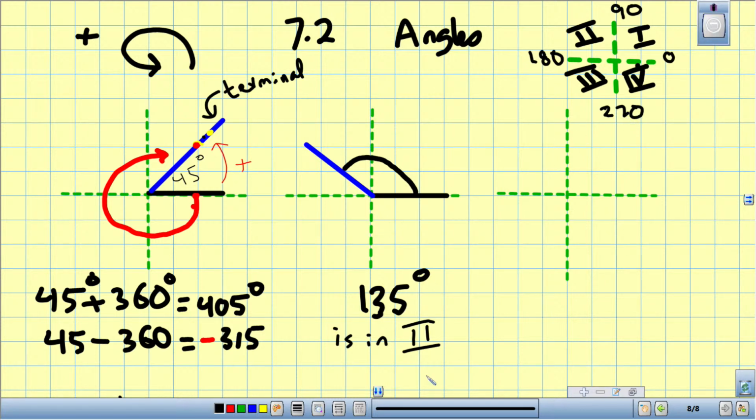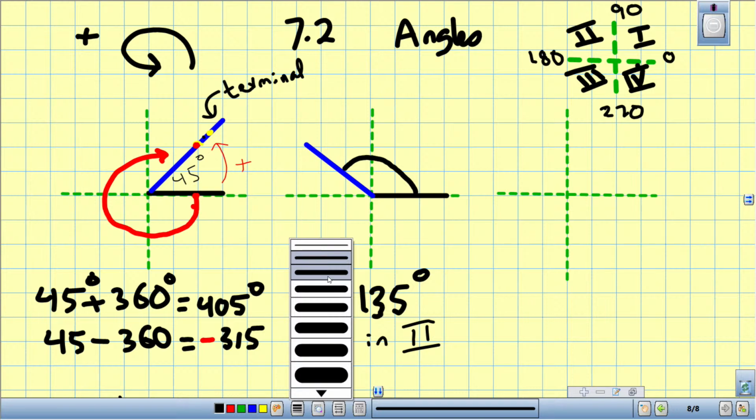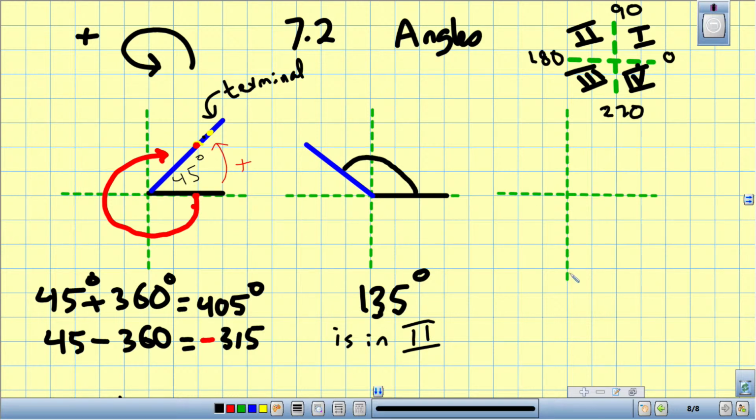Now, what if I want to tweak things a little bit? What if I said, find me the quadrant where I've got negative 240? Be careful now. Joseph, I see Joseph typing.